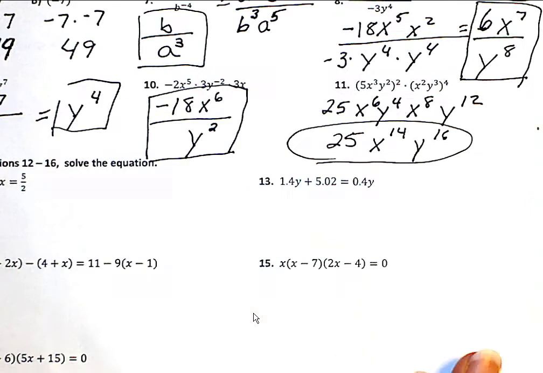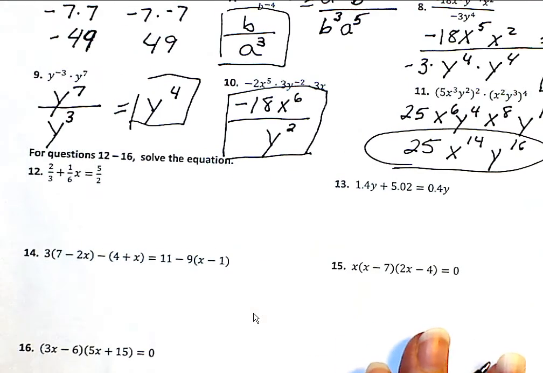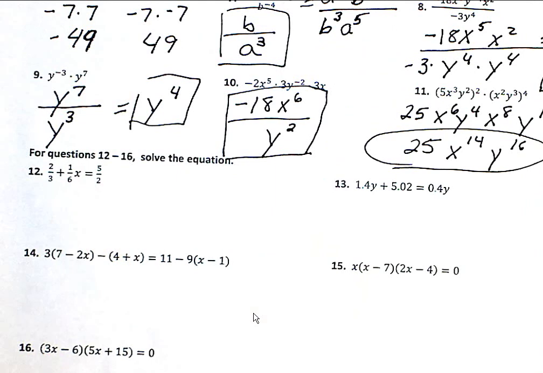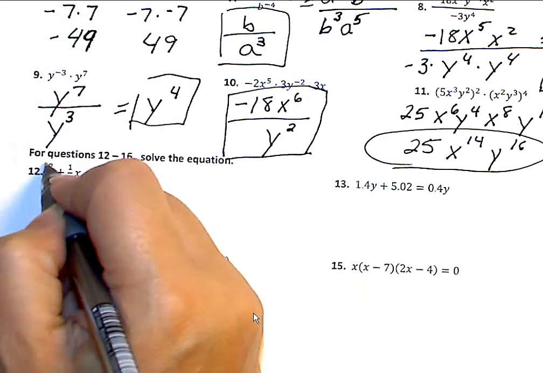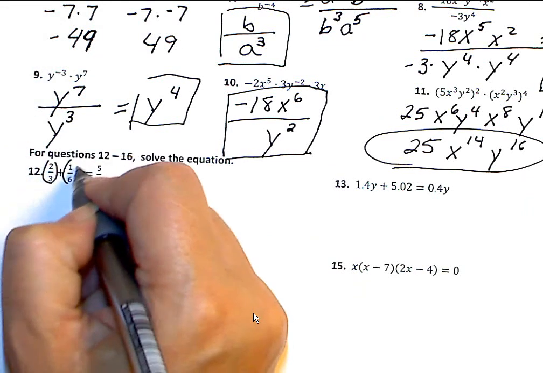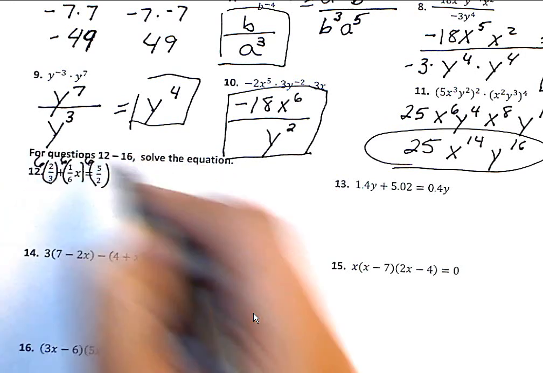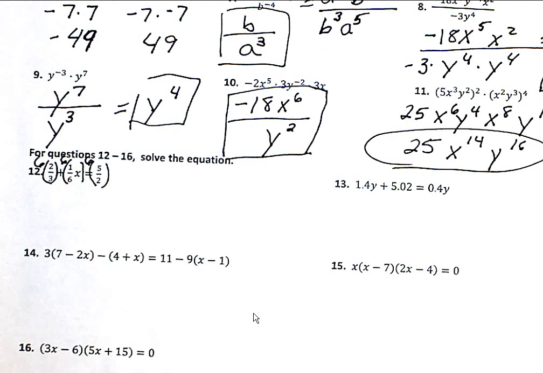How can I get rid of fractions for number 12? What can I multiply to each one to get rid of them? 6 is right. So when you do it, if you want to save some paper or writing time, you can put a 6 on each one of those, so you make sure that you're doing 6 to each one.